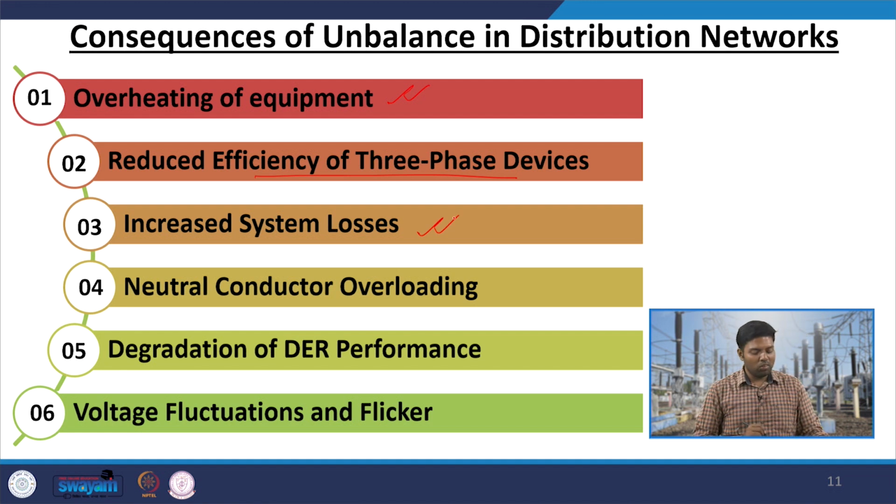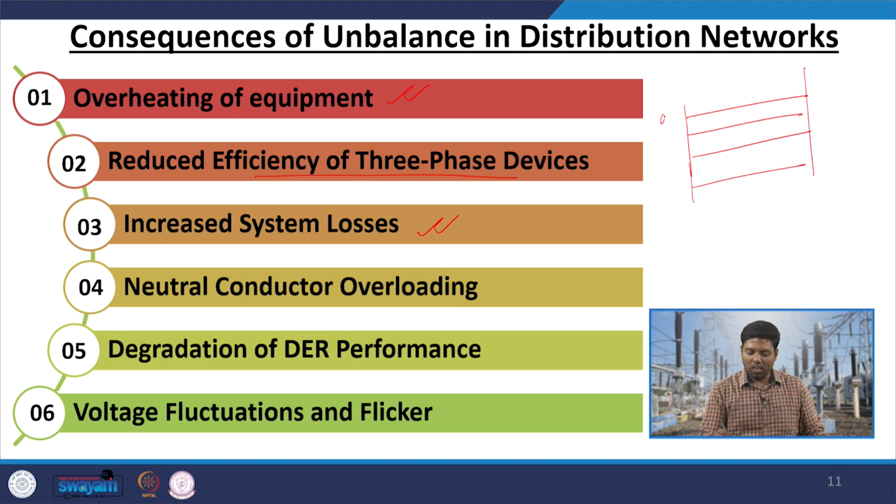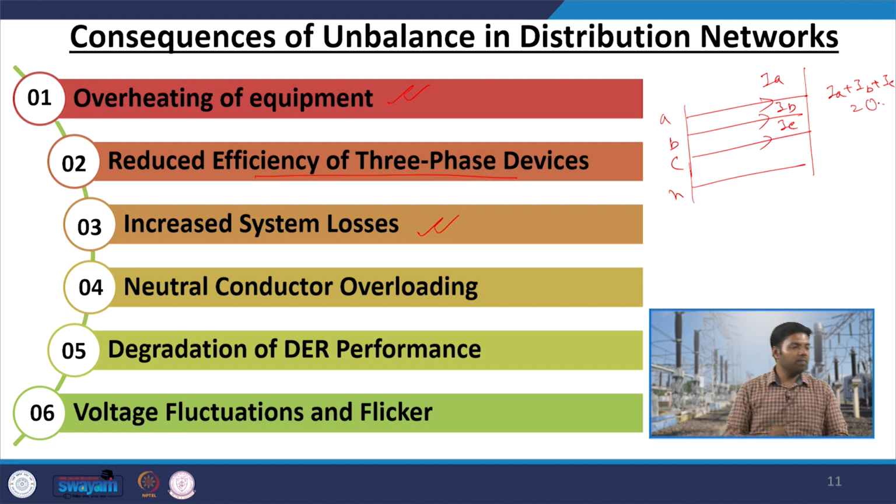Why will the system loss increase? Because you have three phases, and previously you have a neutral also. Let us say this is A, B, C and this is neutral. If it is balanced, then I_A + I_B + I_C equals 0. That means your neutral current I_N equals 0.